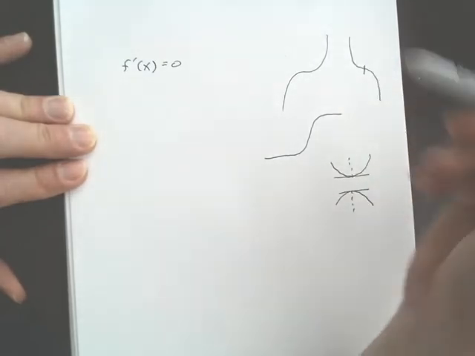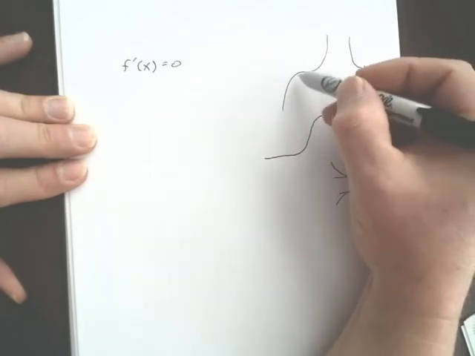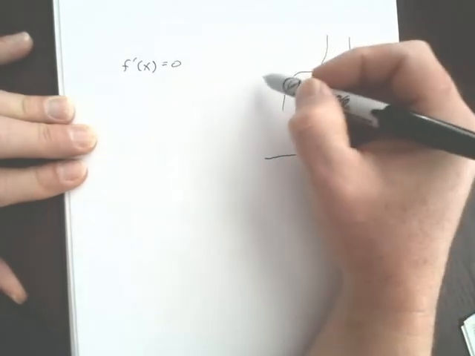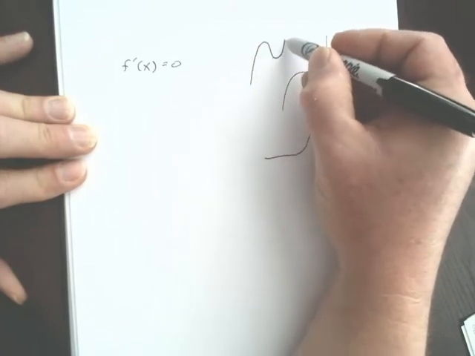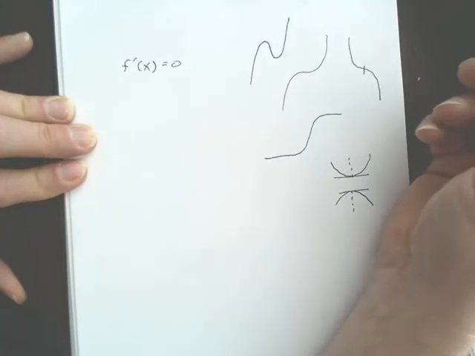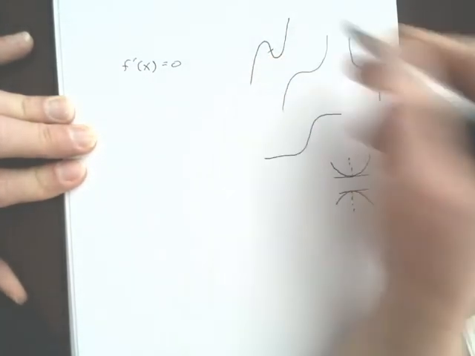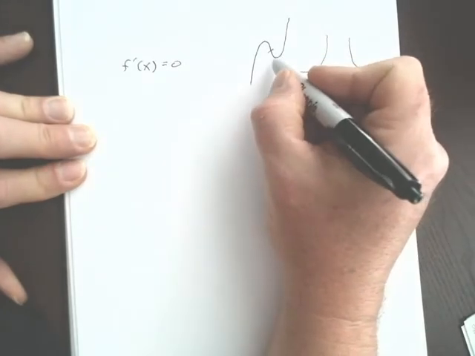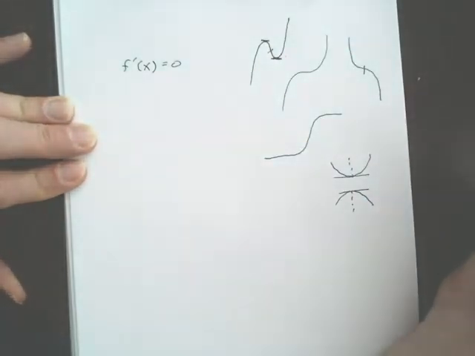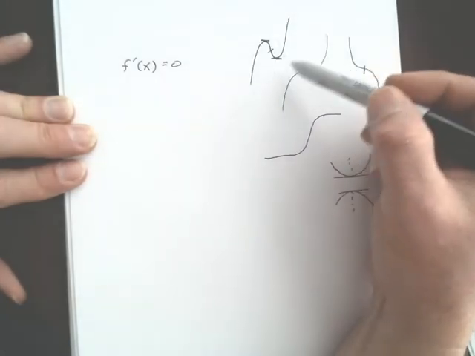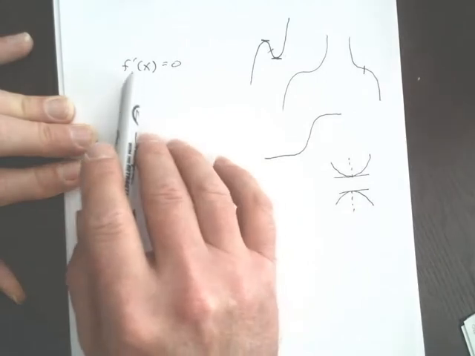There might be one. So you can imagine instead of a function that looks like this, that's nice and smooth, this function being kind of humpy like this, for lack of a better term. And in this case, it's going to have a minimum and it's going to have a maximum. So you can see how this picture can become far more complicated.